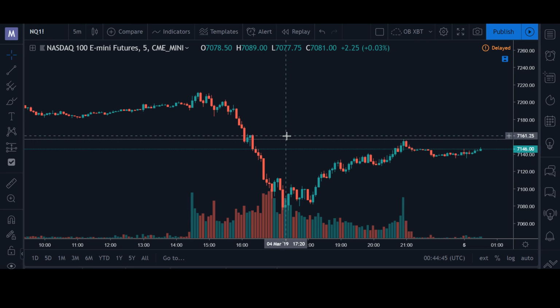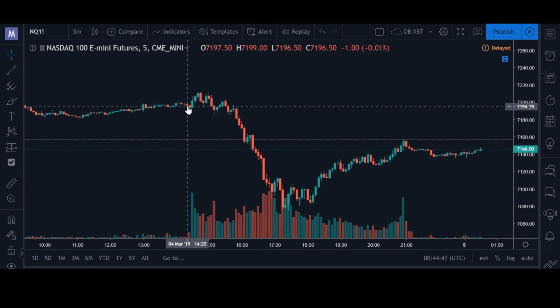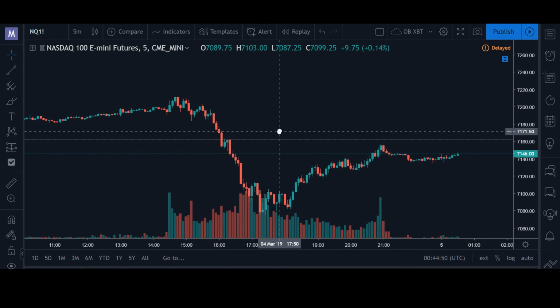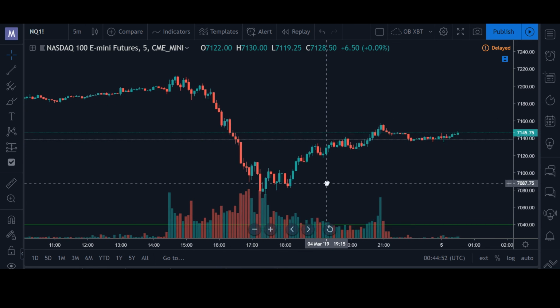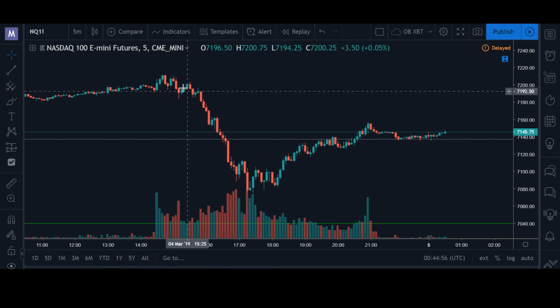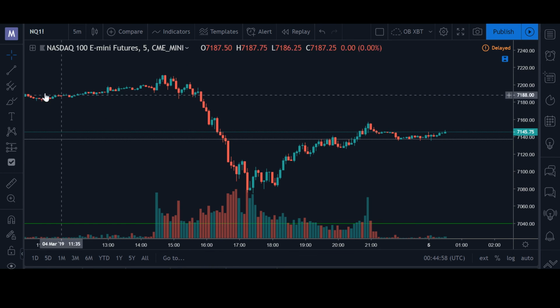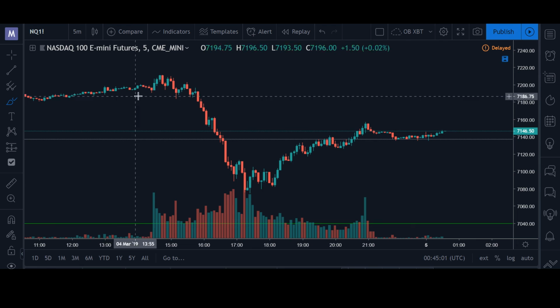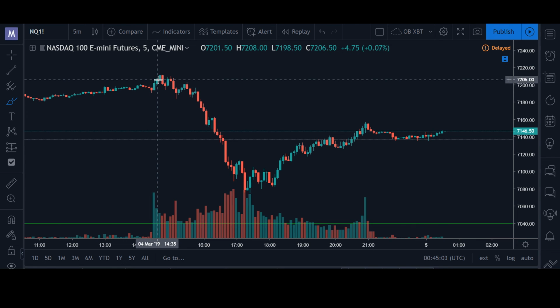So you're putting 10% at risk, and you're making thousands of dollars just off of one day of movement. That's something to keep in mind if you're trading futures: you don't need that much capital in order to make some serious gains. Today is a great example of all the potential there is in the futures markets.